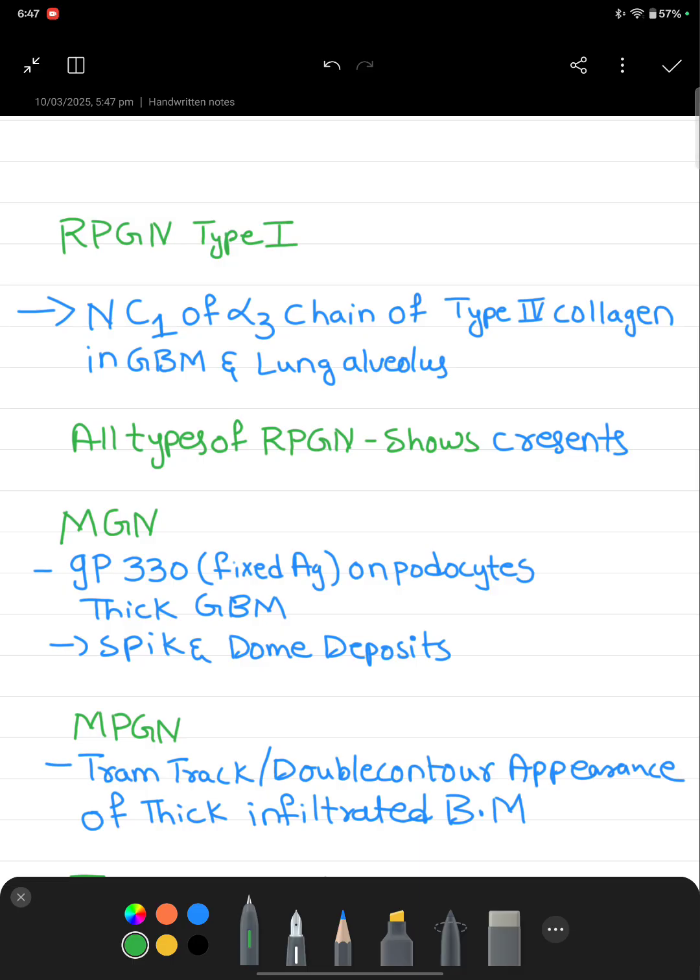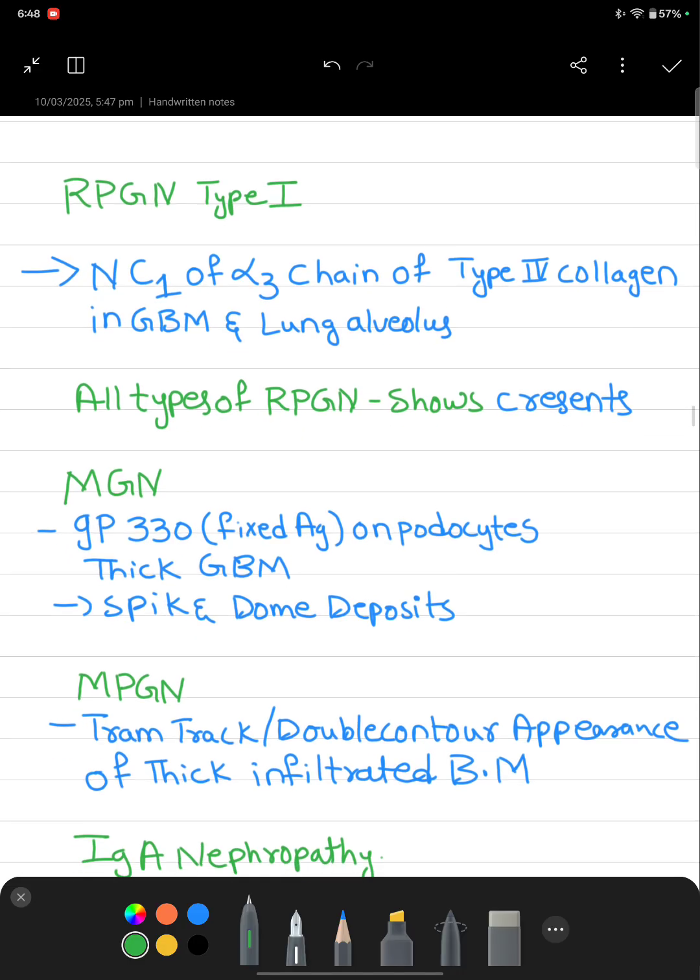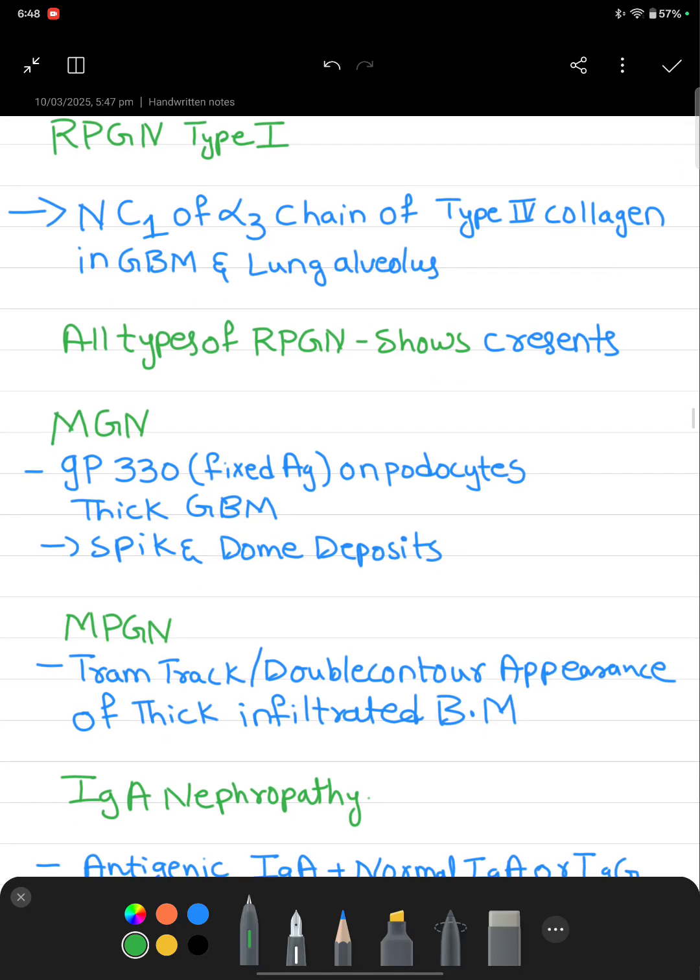Apart from the glomerular basement membrane, in type 1 RPGN we will also see antibodies against the lung alveolus, because collagen is also present in lungs. So the basement membrane of the alveolus is also attacked in type 1 RPGN. And all types of RPGN will show crescents. That's the reason why RPGN is also called crescentic glomerulonephritis.